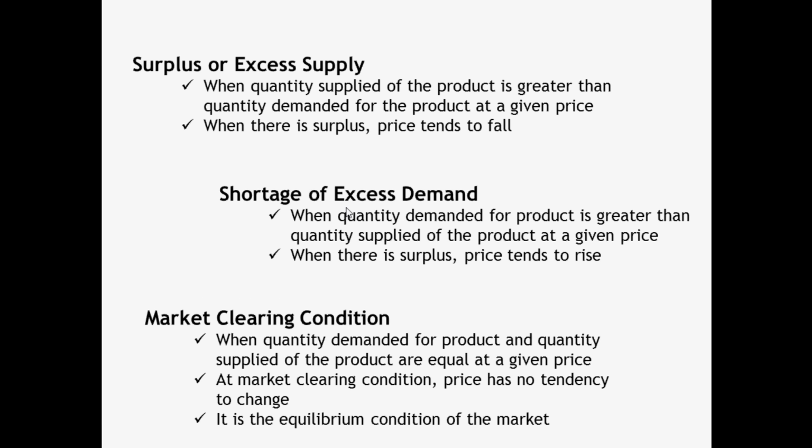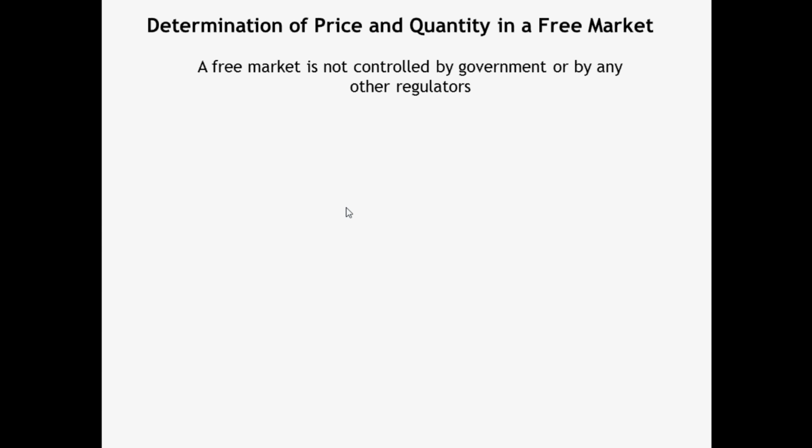Using these concepts, we can explain the determination of price and quantity of a product in a free market. A market is said to be free when it is not controlled by the government or by any other regulators.